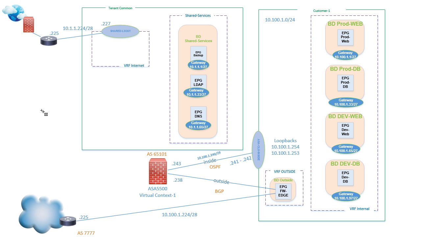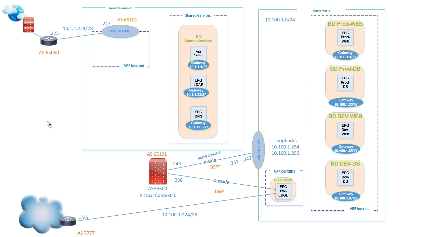As far as BGP goes, we're going to be running BGP off of the shared layer 3 out with the 6500. So we're going to use AS65050 on the 6500, and we're going to use AS65101 for the internal network.